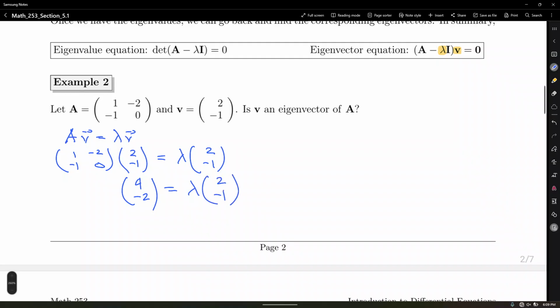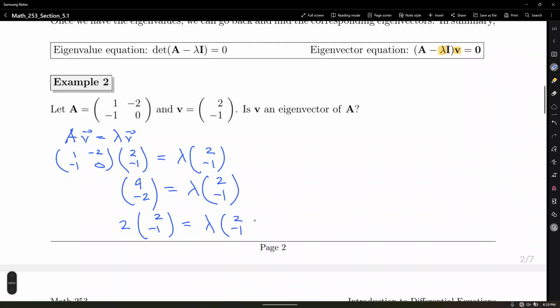Well, compare the vector on the left-hand side with the vector on the right-hand side. Are they multiples of one another? It seems like if we factor out 2 from the vector on the left-hand side, that leaves us with 2 times (2, -1) equals lambda times (2, -1).